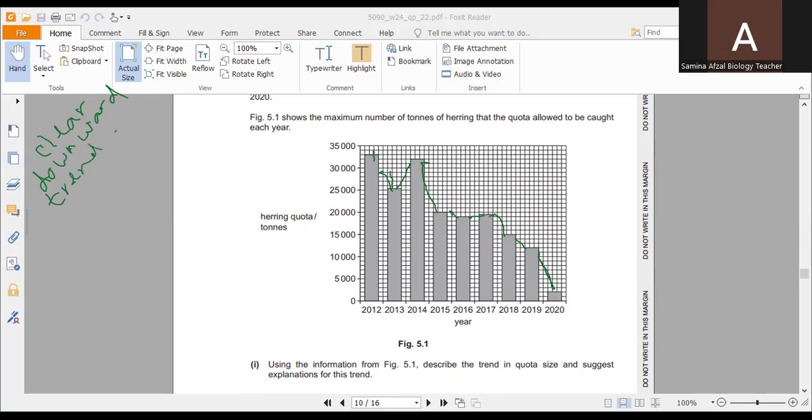So there is a clear downward trend in the maximum number of tons of herrings that the quota allowed to be caught.